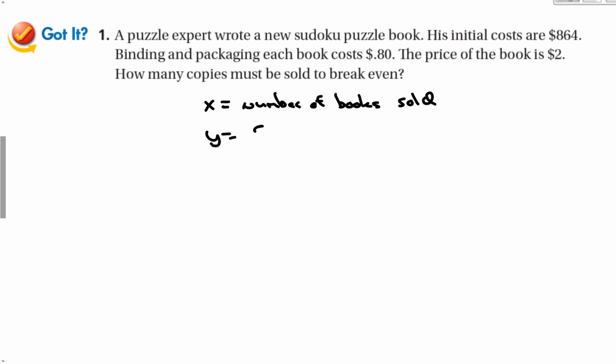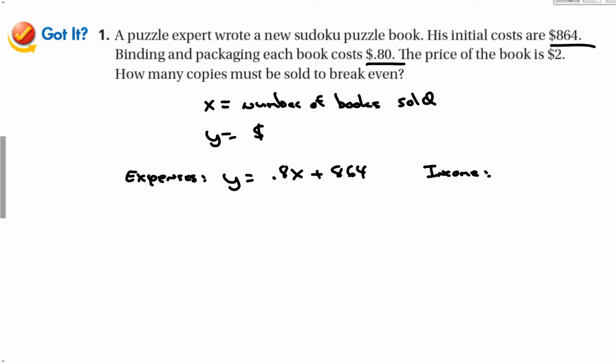And then y again is going to be the amount of money that I make or cost. So for my expense formula, okay, my initial costs are 864, and it costs 80 cents to make the book. So y is going to be equal to 0.8 times the number of books plus $864. Income is going to be $2, so y is going to be equal to $2 per book.